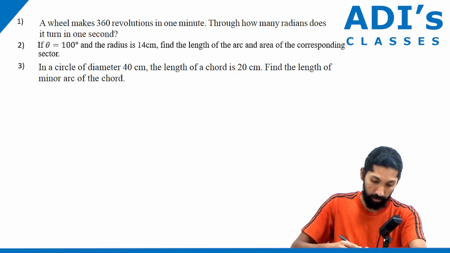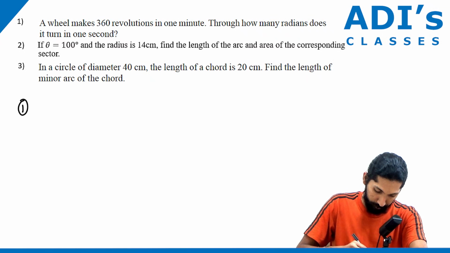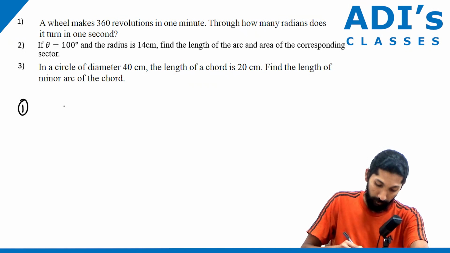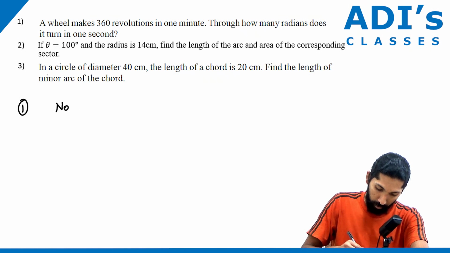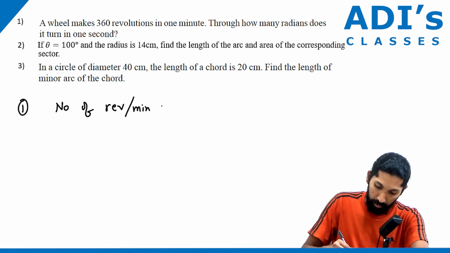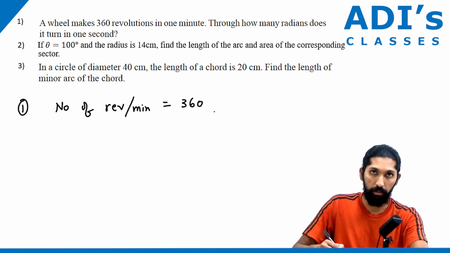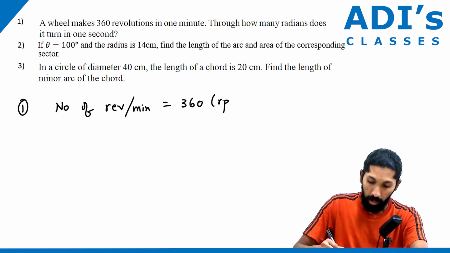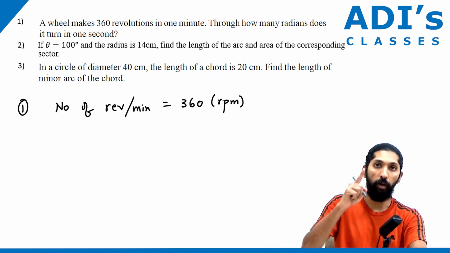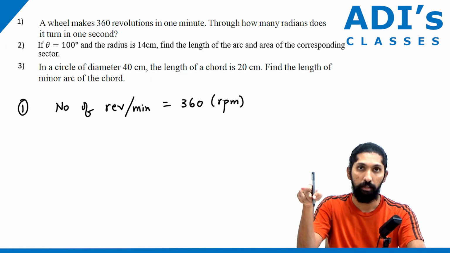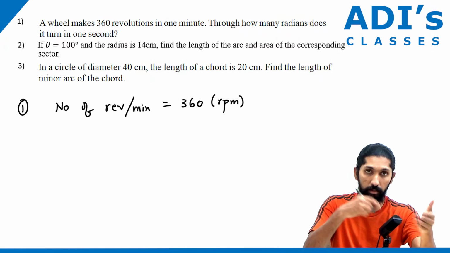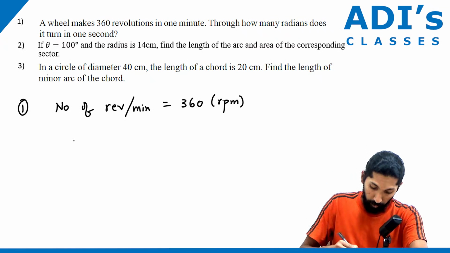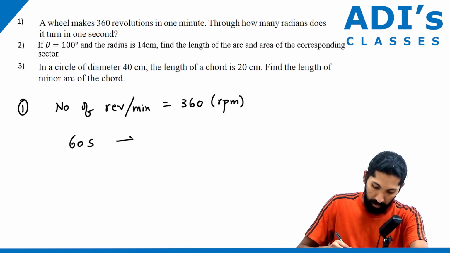Alright, so let's do the first one now. The number of revolutions per minute is equal to 360. Correct? Or you can say 360 RPM. In a minute it is 360, that means in 60 seconds. So let's do the unitary method, okay? For 60 seconds, it is doing 360 revolutions.